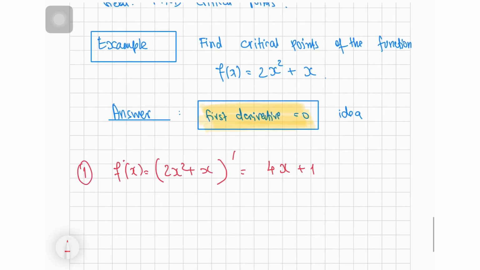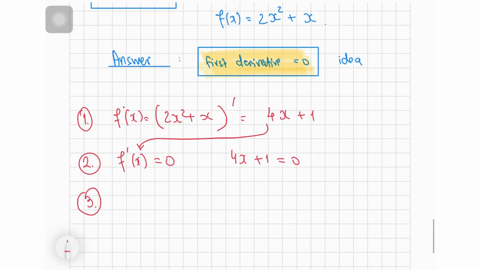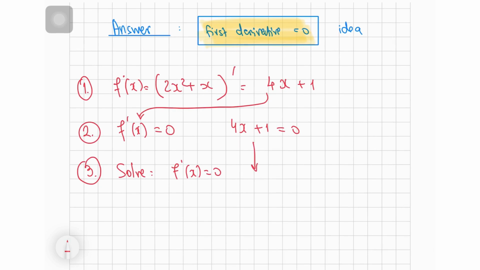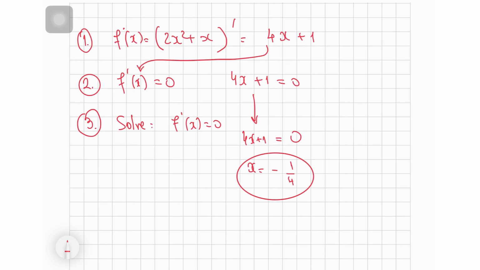So this is the first step. Second step, we put f prime of x equals 0. But what is f prime? That is 4x plus 1, so 4x plus 1 equals 0. Third step, solve f prime of x equals 0. So 4x plus 1 equals 0, and then x equals minus 1 over 4. And fourth, find f of that, we can call it c.